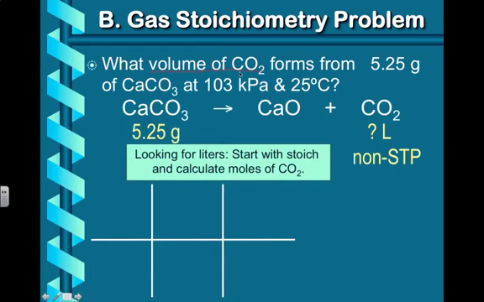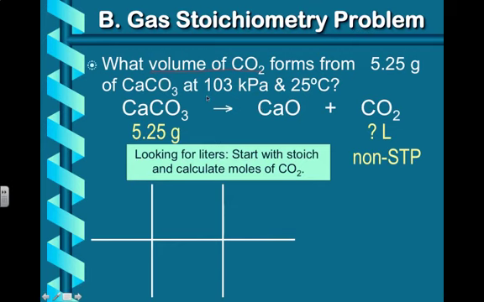All right, so here's our equation. Calcium carbonate decomposes into calcium oxide and carbon dioxide. We know that we were given 5.25 grams of calcium carbonate. We are looking for liters. We're going to start with stoichiometry and figure out how many moles of CO2 I have.